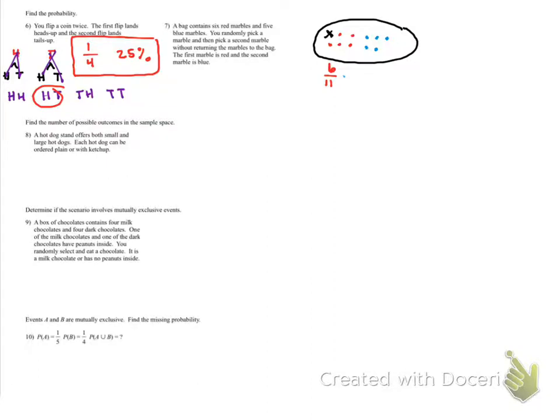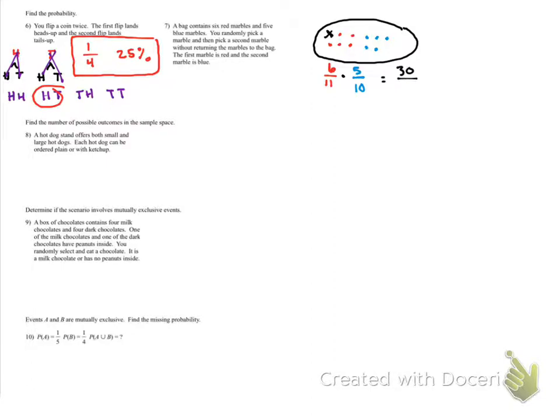So now for blue, we have 5 different ways to get blue out of a total of, this time, because we didn't return that 1 marble, 10. So the first is red, 6 out of 11 chance. The second is blue, 5 out of 10 chance. We're multiplying fractions, you multiply straight across.